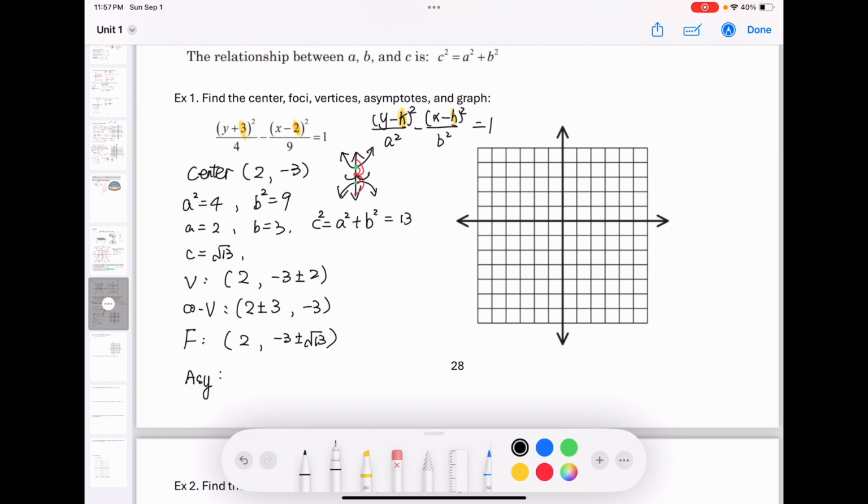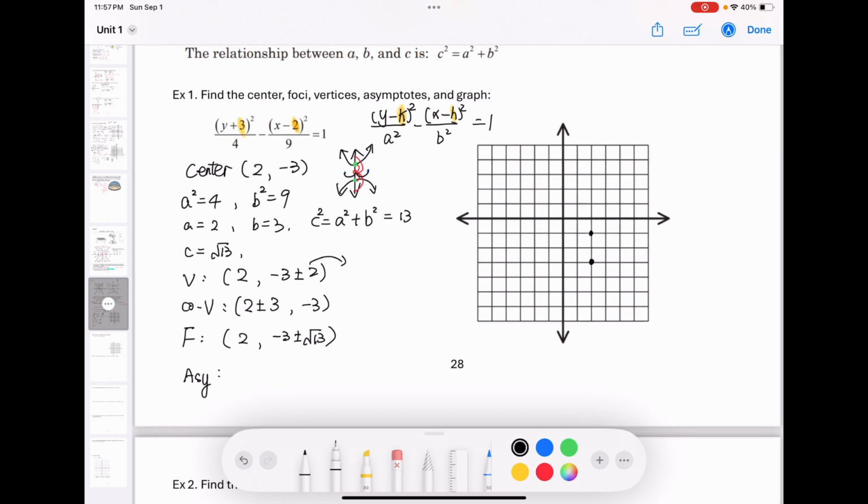So first, let's find the center: 2, negative 3, here. Second, we can find our vertices. Negative 3 plus 2 is negative 1, and negative 3 minus 2 is negative 5. 1, 2, 3, 4, 5 is here, the vertices.